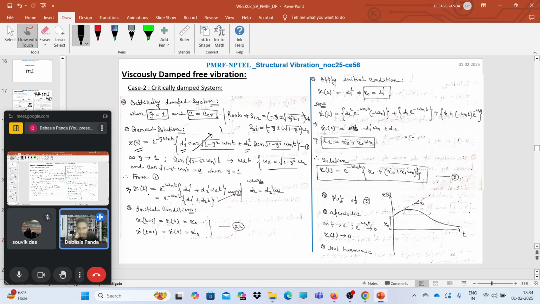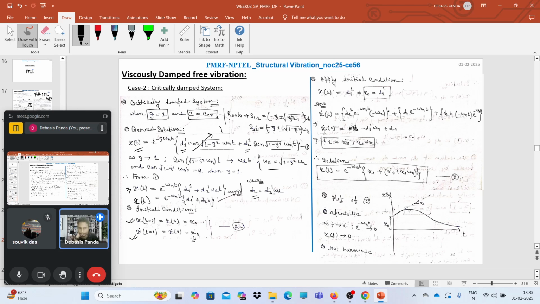We will have x(t) equals e to the power minus omega n t (D1 dash plus D2 dash omega d t). Simplifying again, x(t) is e to the power minus omega n t (D1 dash plus D2 dash t), where D2 is nothing but D1 dash omega d. Now D1 and D2 we can easily calculate from the initial conditions. At t equals 0, the initial displacement is x naught, and the initial velocity is x dot naught.